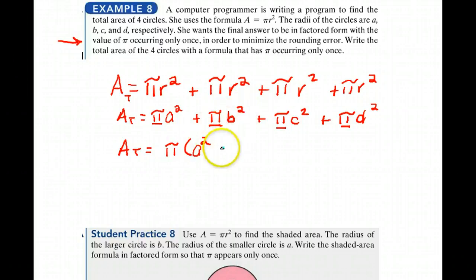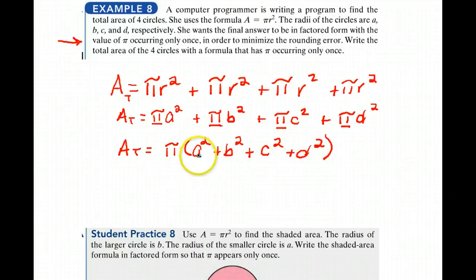Pi b squared divided by pi leaves me with b squared. And so on. When I factor out that pi, we're left with pi times a squared plus b squared plus c squared plus d squared. If you distributed it back in, you would get back to where we started.